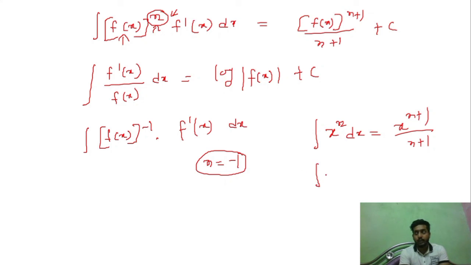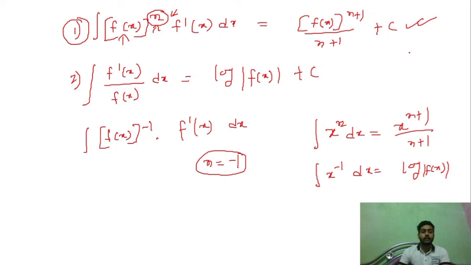Now if n is minus 1, then x to the power minus 1 dx will be log mod x. So we can say that equation 2 is a special form of 1. So we have to remember only that formula to solve this special type of integrations, and we need to memorize those formulas.